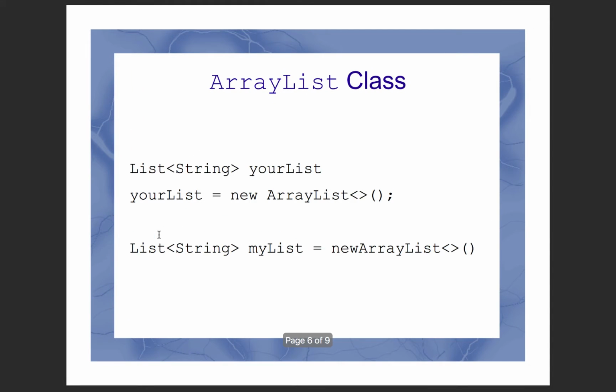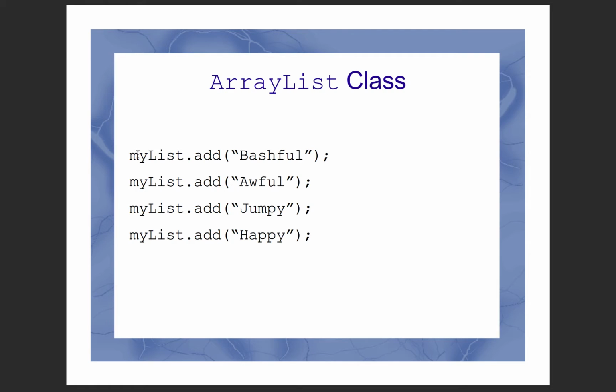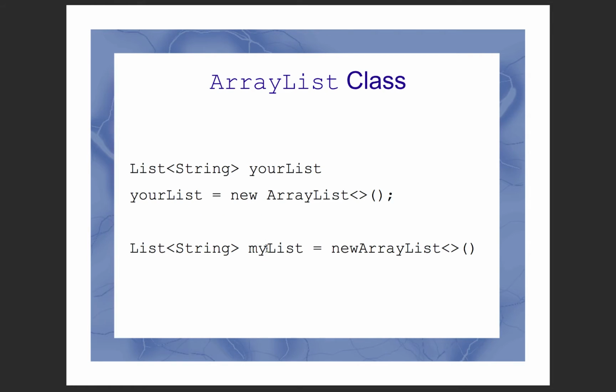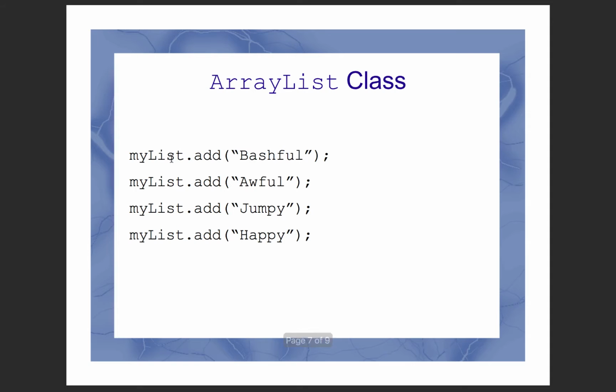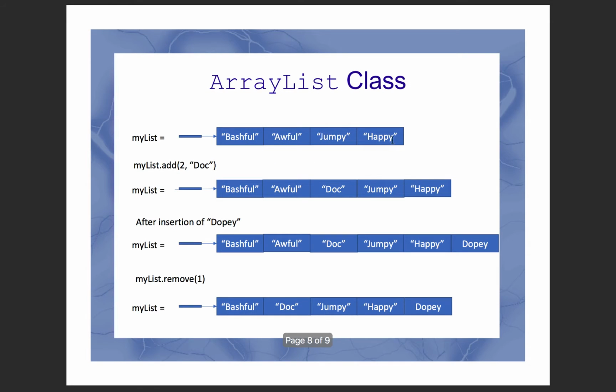So this is the thing, we create a my list over here, new array list. Then you can easily call the add method to add some information to the array list. So here you can see that you have a my list, something like that.